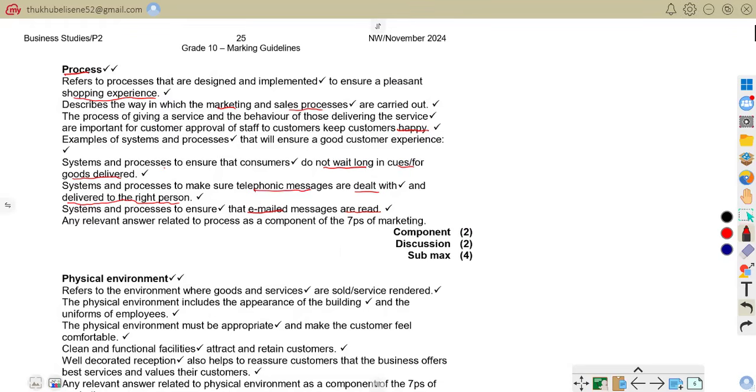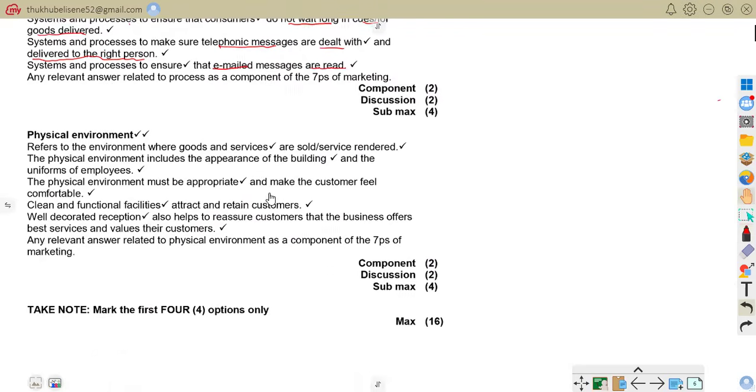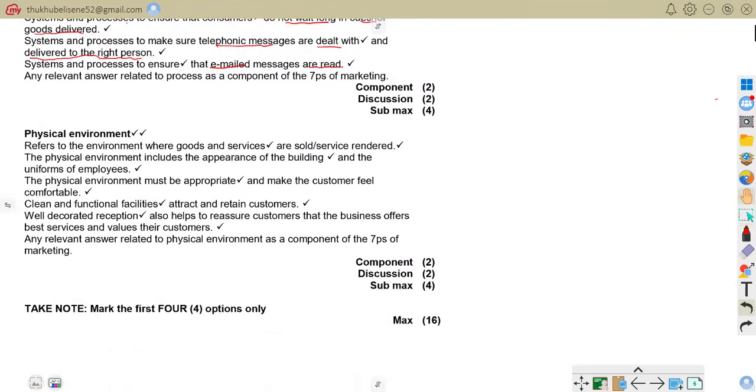Now let us come to physical environment. Physical environment refers to the environment where goods and services are sold and services rendered. It includes the appearance of the building and the uniforms of employees. How does your staff look?